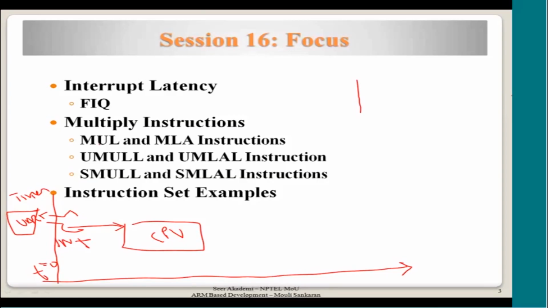Let us assume a signal connected to FIQ, the fast interrupt request, because the CPU is supposed to respond to this interrupt at the earliest among everyone. Reset anyway is different, because once the reset is accepted, the processor starts afresh, so we are not concerned about that. We are worried about an FIQ connected to the system, which happens to be very critical.